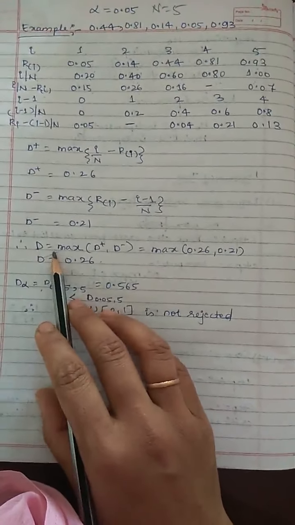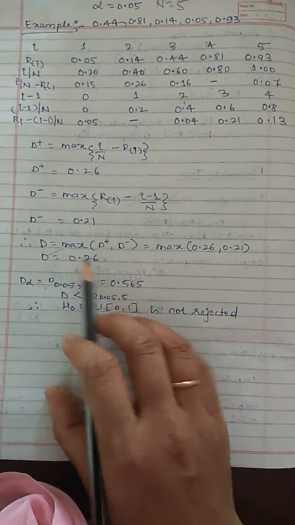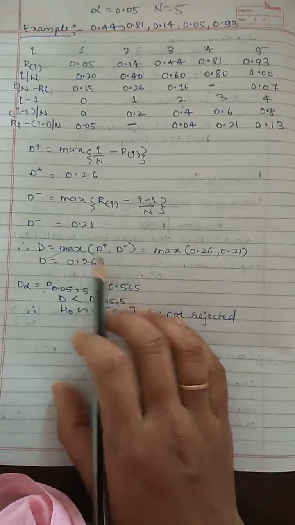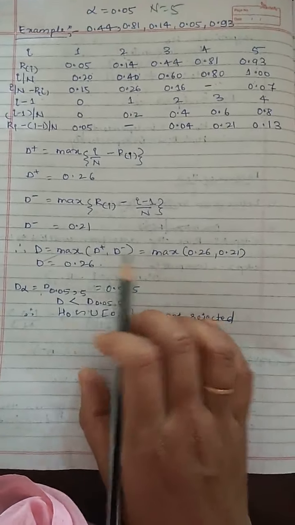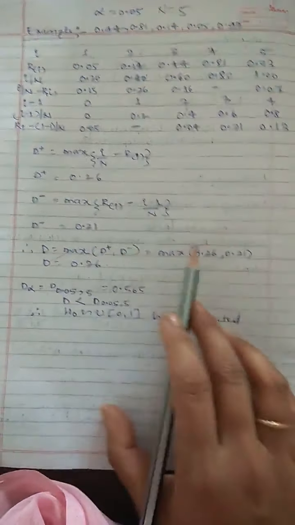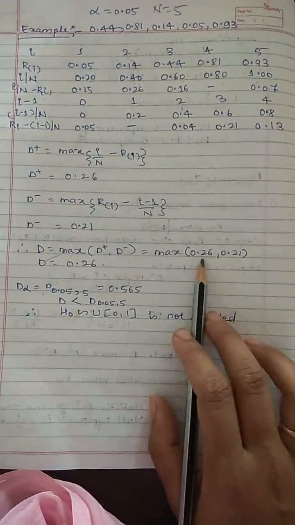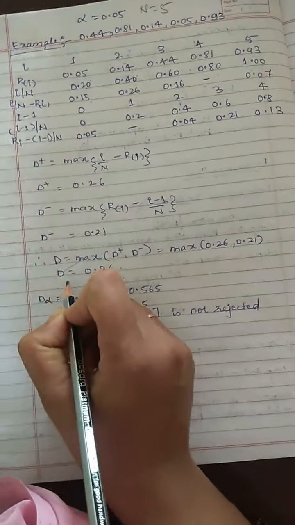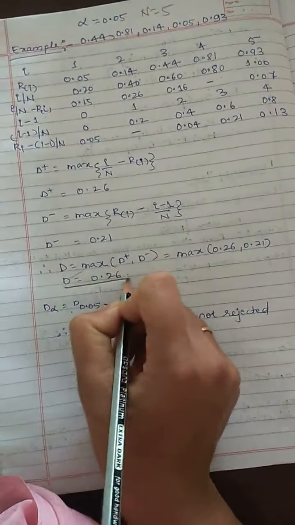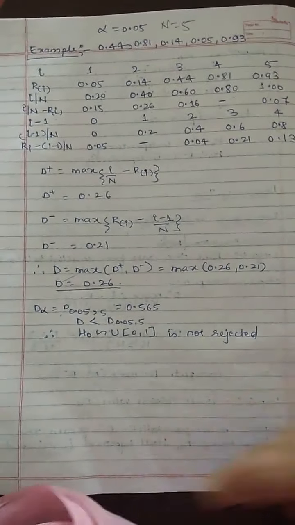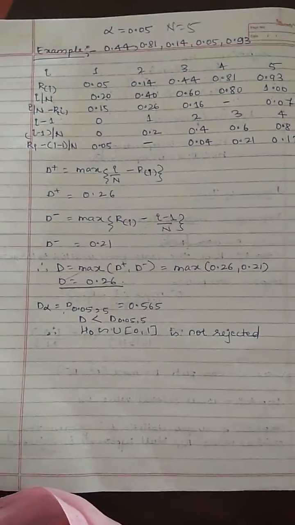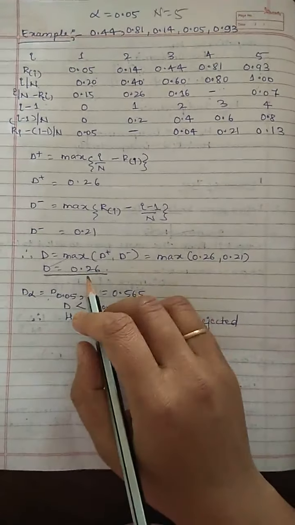The value of D is given by the max of D plus and D minus. What is the D plus value? 0.26. What is the D minus value? 0.21. Which is maximum? 0.26. So, the theoretical value which we have calculated here is 0.26.